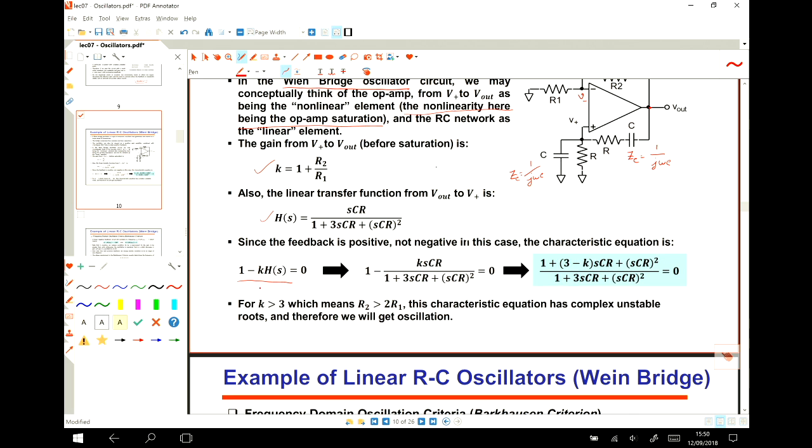Or KHS should equal to 1. And then based on this, we say that this condition should be satisfied if we want that this system is oscillating.